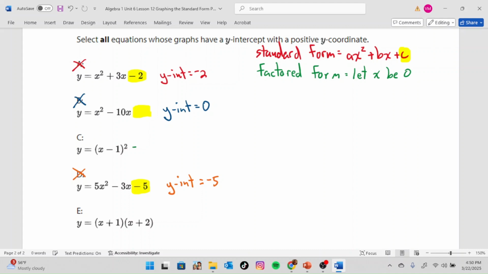So that means choice C is going to be 0 minus 1 squared, which equals negative 1 squared, which is positive 1. And we wanted positive y-coordinates, so C is a correct choice.